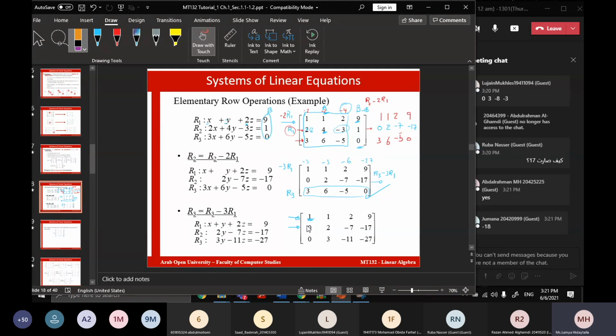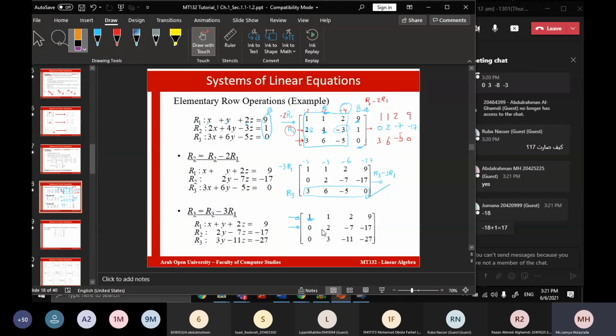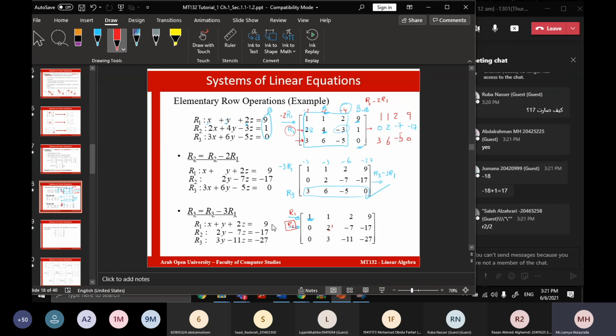What, for instance? Can I use this one? No. Why? When we come to R2 and want to change it, don't go there. Because if I multiply the first row times minus 2 and then add... this is R1, right? And this is R2 and I want to change R2. If I use this one and I subtract R2 minus R1, what's going to happen? 0 minus 1 gives me minus 1 here.